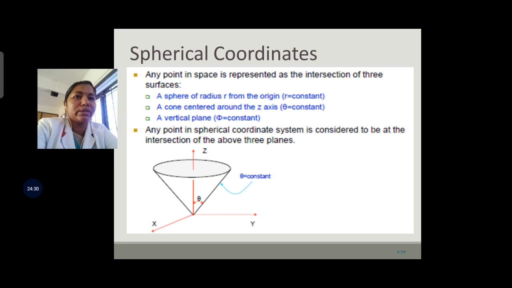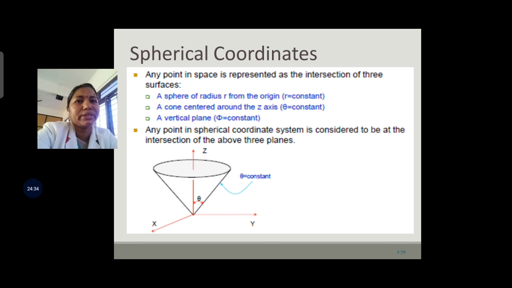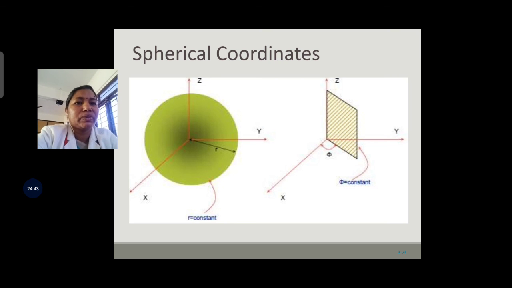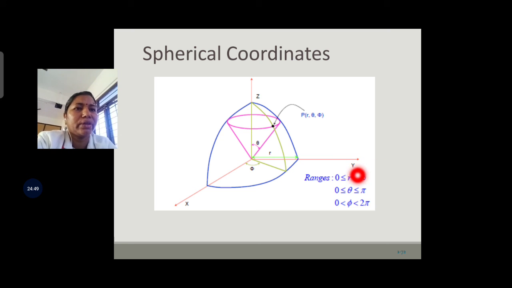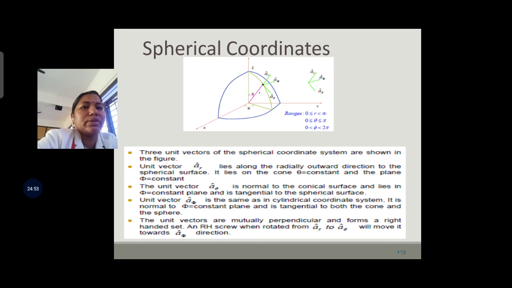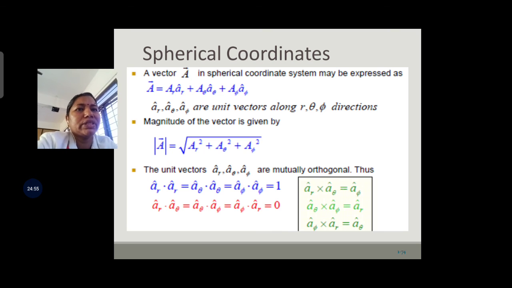Then we studied the cylindrical coordinate system, rho phi z. Now the third one is spherical, so here we will use r theta phi. For r theta phi, r is 0 to infinity, theta is 0 to pi, phi is 0 to 2 pi.